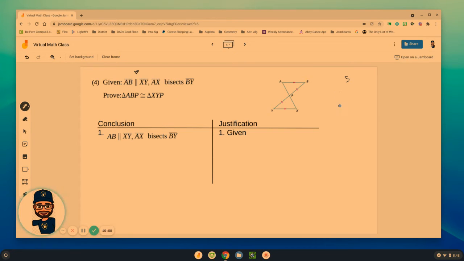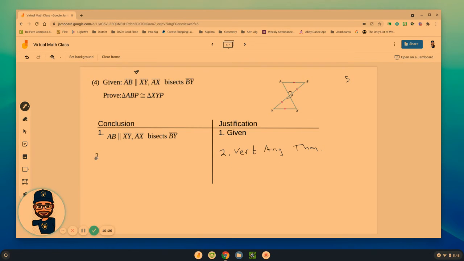Well, if you notice, is there anything else in the picture that we can say? Well, one of the things we talked quite a bit about was these two angles. Those are called vertical angles, or VAT, vertical angles theorem. And we know that those two are congruent because of that.